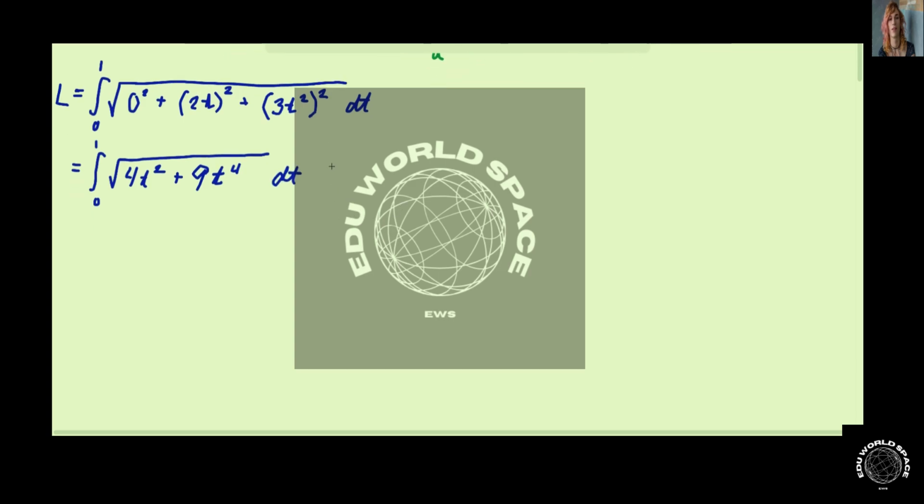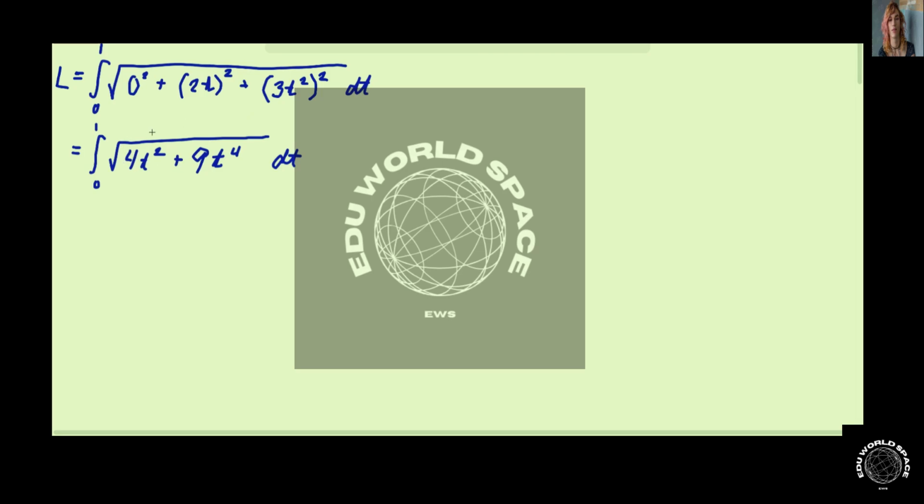Now we want to try to simplify this. This isn't exactly easy to integrate as it's written, but we can do some factoring and make it a little more bearable. I can factor out a t squared from both terms, so I'm left with 4 plus 9t squared.